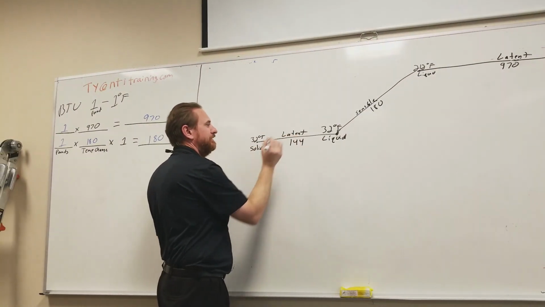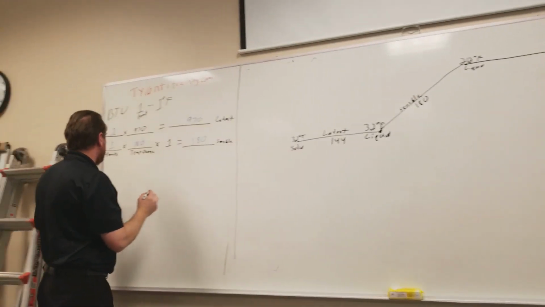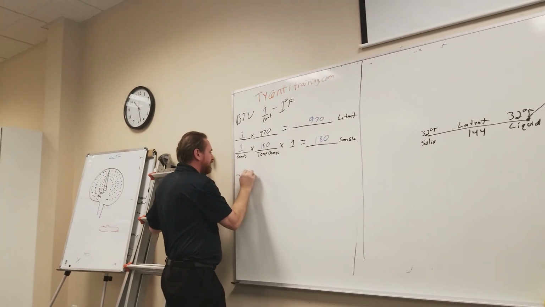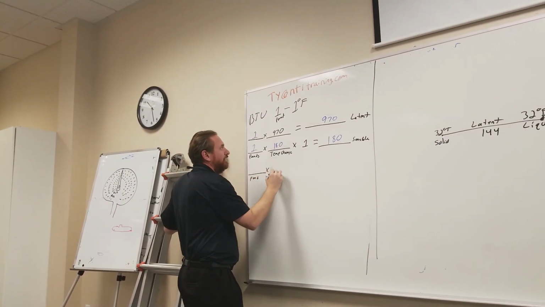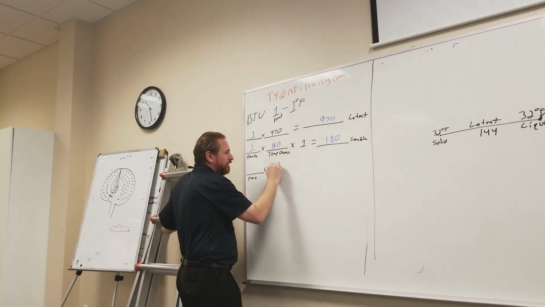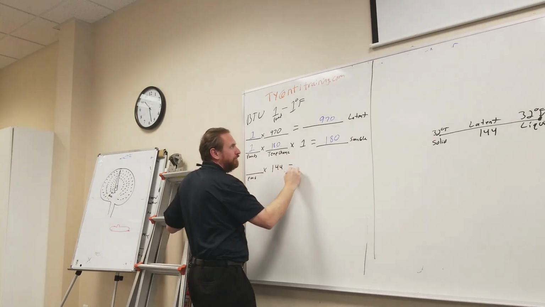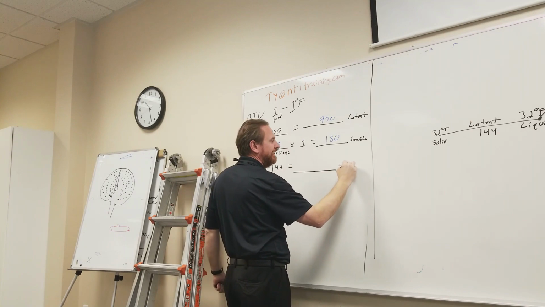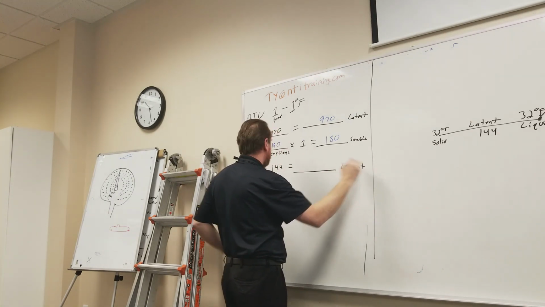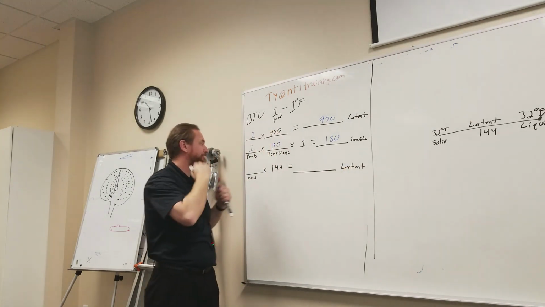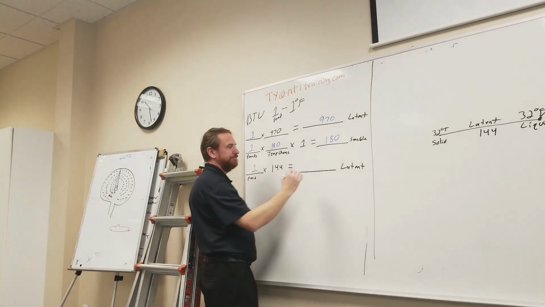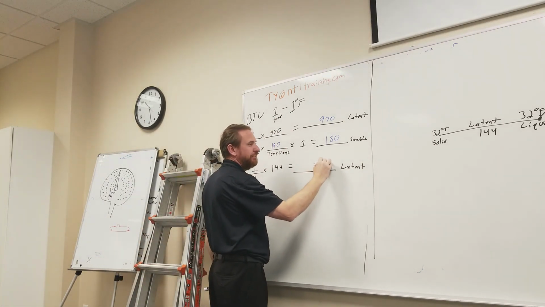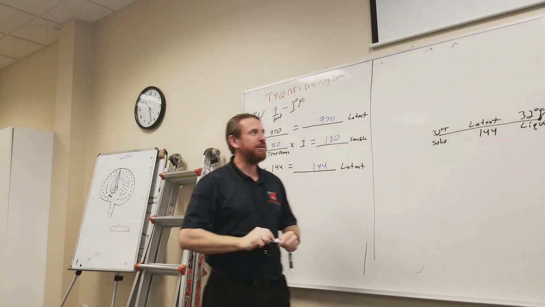We're not getting into that yet. So we have blank pounds times a simple 144 equals blank BTUs, and that's latent. So we had how many pounds? 1. So 1 times 144 equals 144. Good, so that's what we've already learned.